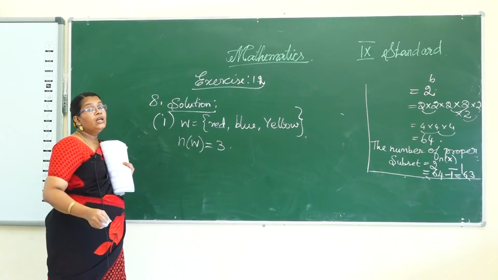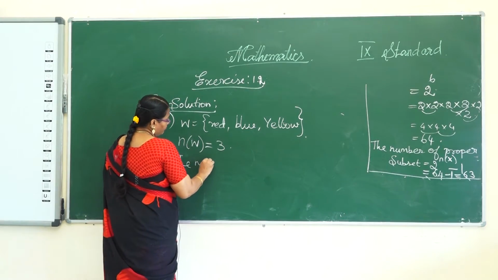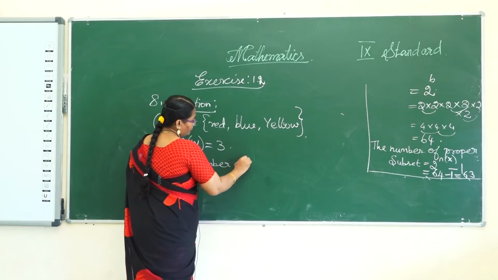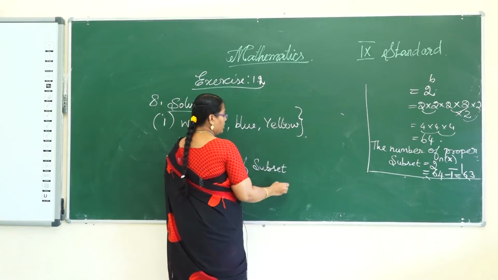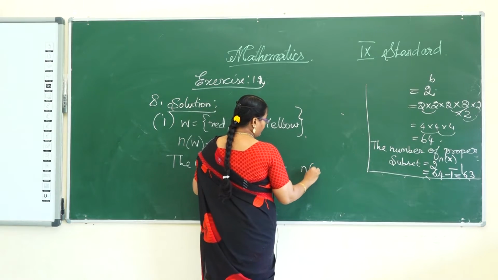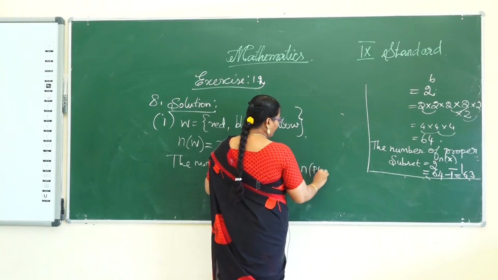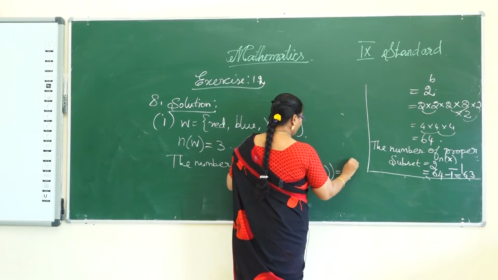And next to find out the number of subsets. What is the formula? n of P of A is equal to 2 power n.